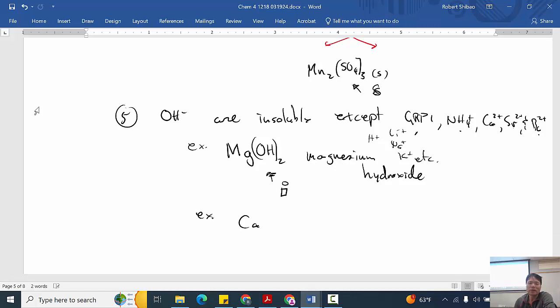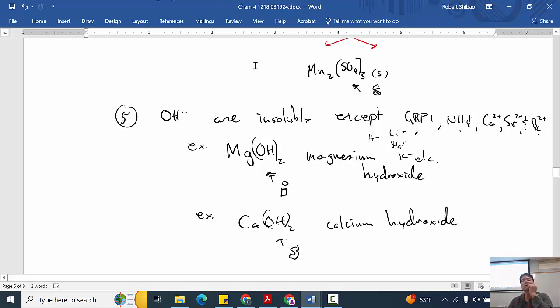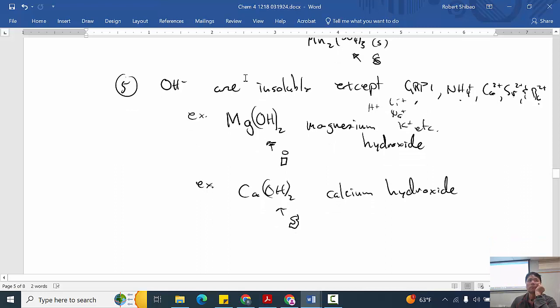Let's do this one. What is this called? Calcium or calcium 2 hydroxide? Calcium hydroxide. Is it soluble or insoluble? It's soluble. So magnesium was purposely left out because it's insoluble, whereas calcium hydroxide is soluble. It's everything but magnesium. Yeah.